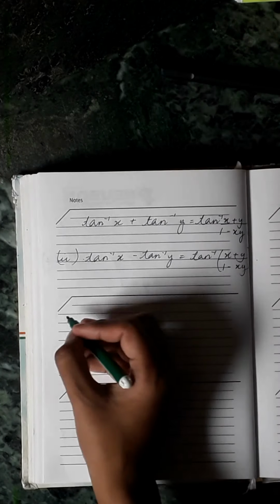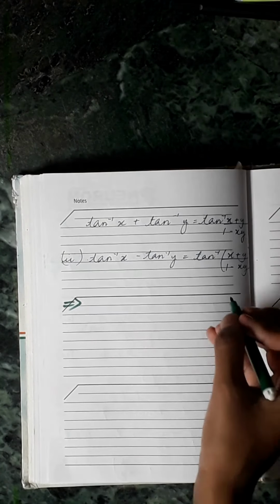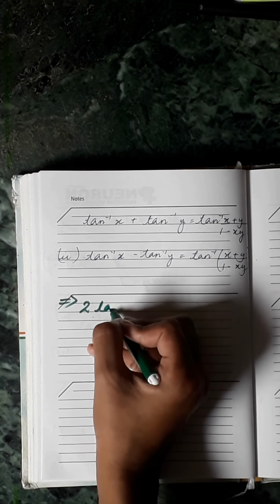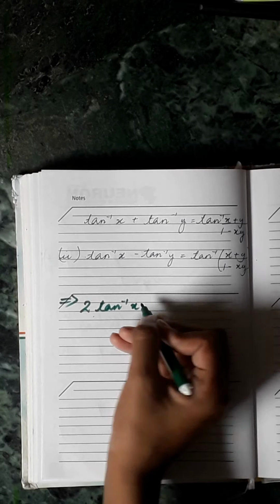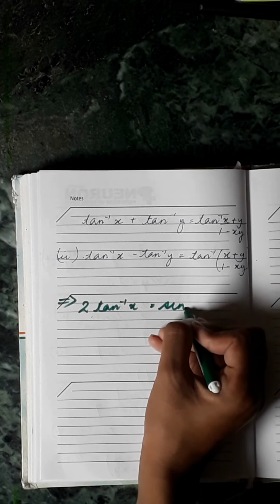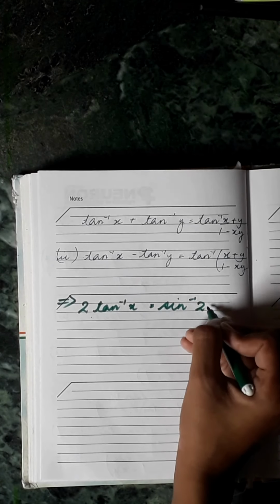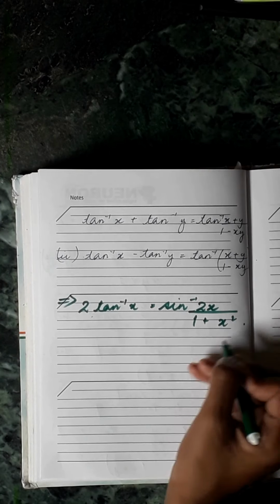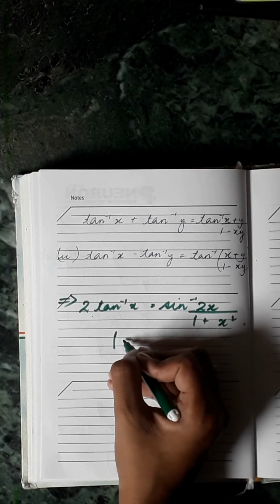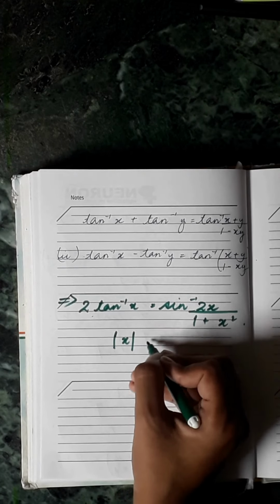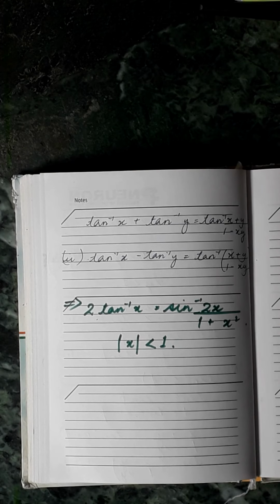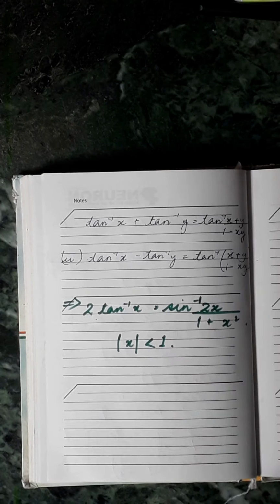2 tan inverse x is equal to sine inverse of 2x upon 1 plus x square. Here also you have the range of values for x, and in this case mod of x should be less than 1. Remember all these properties, you have to learn them.